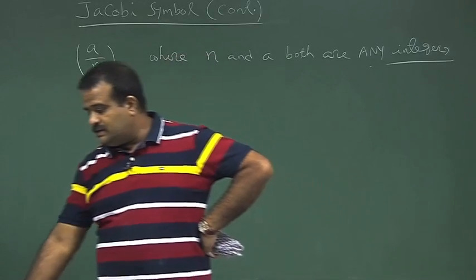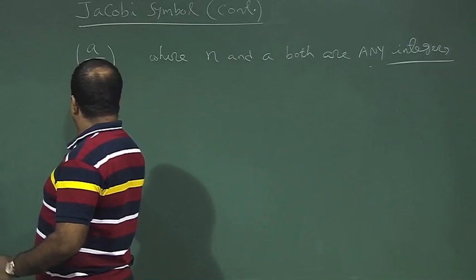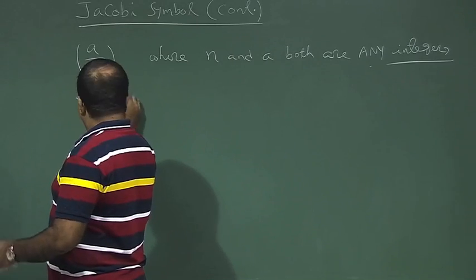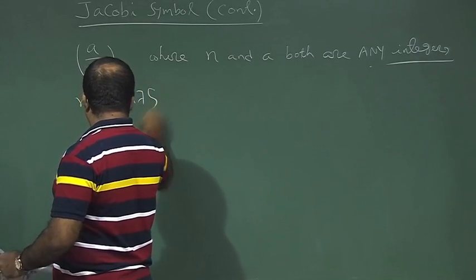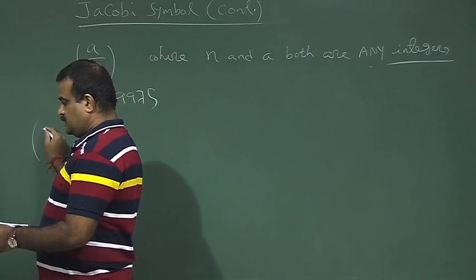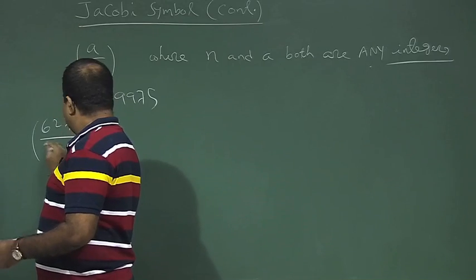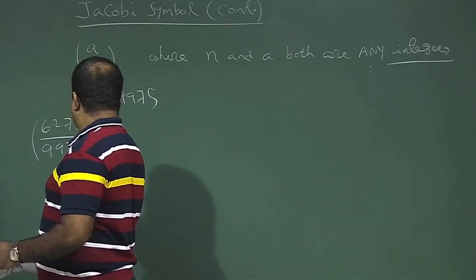Before that, let us try to calculate some Jacobi symbols. Suppose n is 9975, and suppose you want to calculate 6278 by 9975.